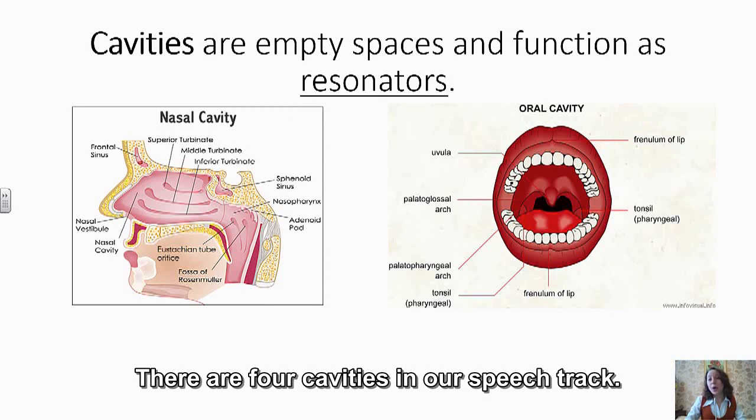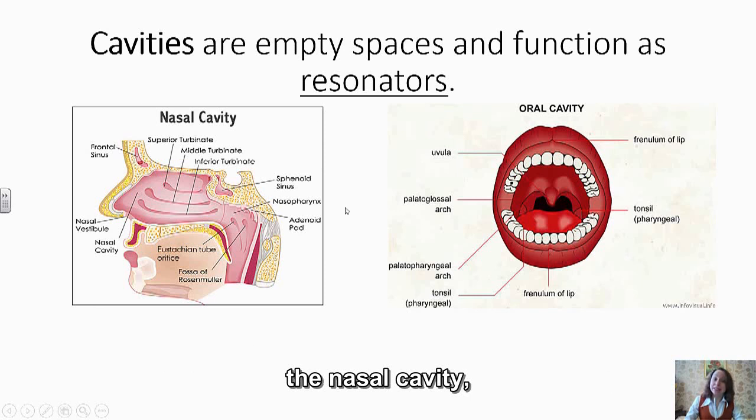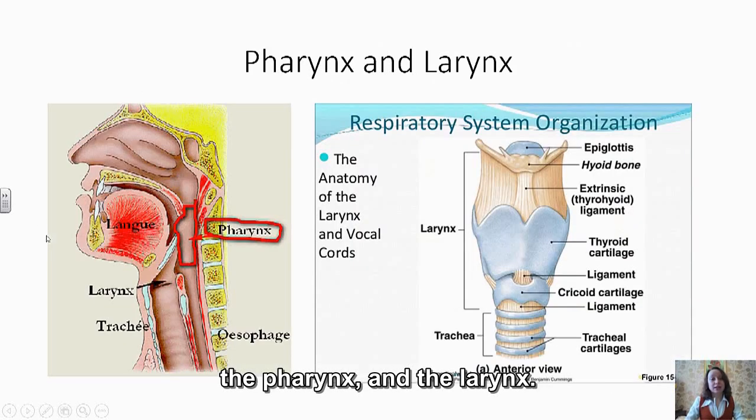There are 4 cavities in our speech tract. They are the oral cavity or the mouth cavity, the nasal cavity, the pharynx, and the larynx.